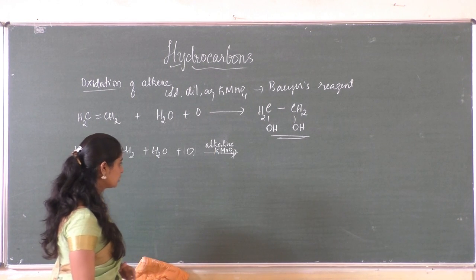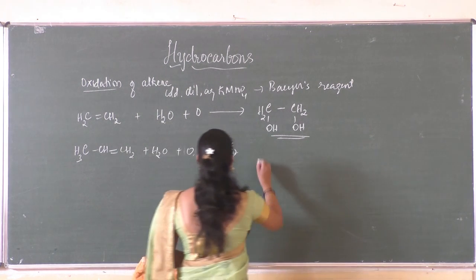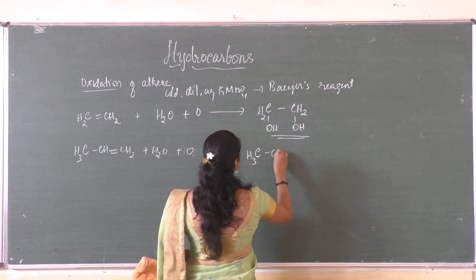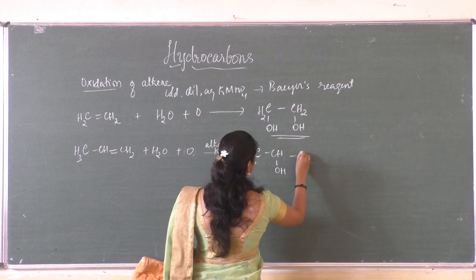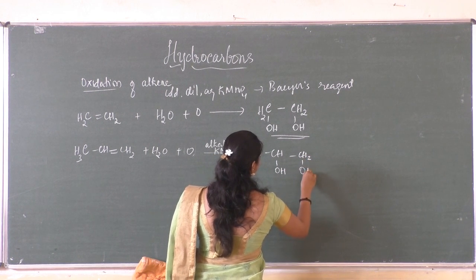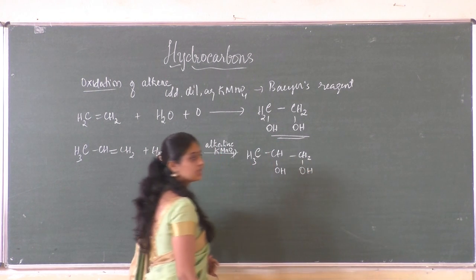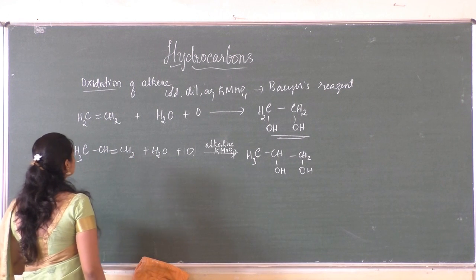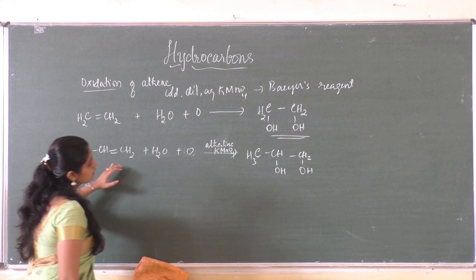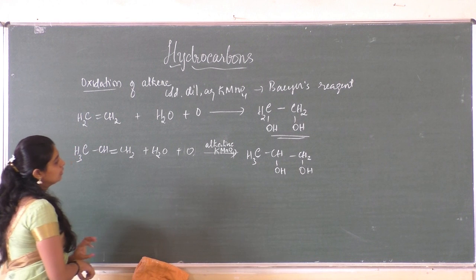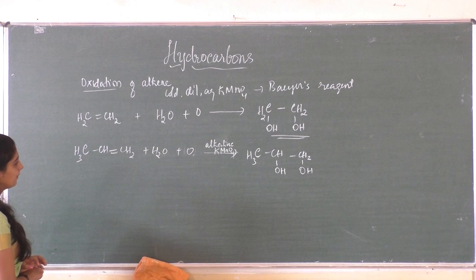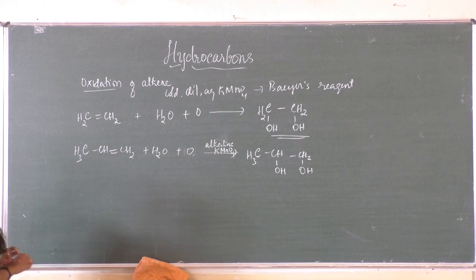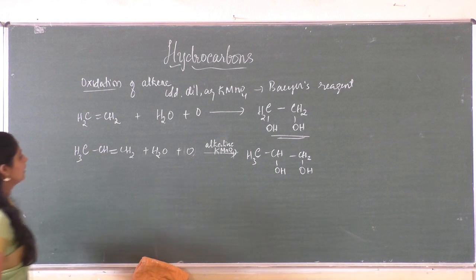So it is CH3CHOHCH2OH. In both cases oxygen has been added, and you end up with vicinal glycol. If two substituent groups are attached on adjacent carbon atoms, then that is called vicinal.